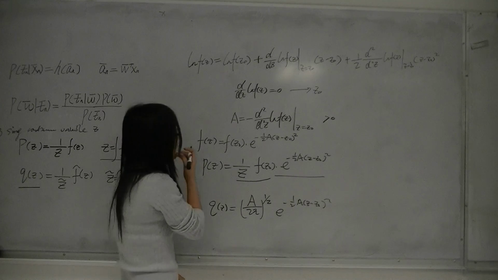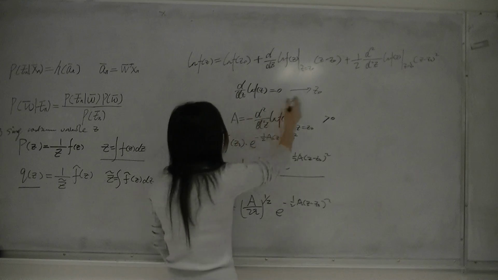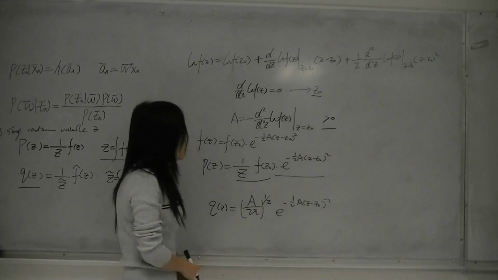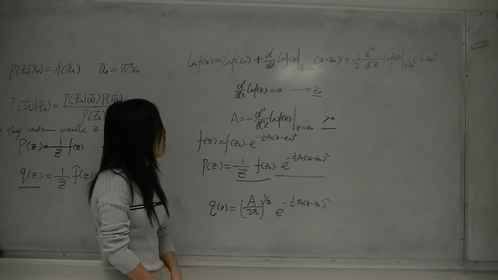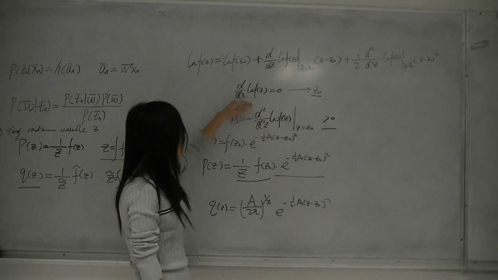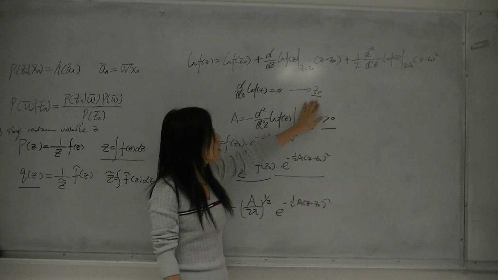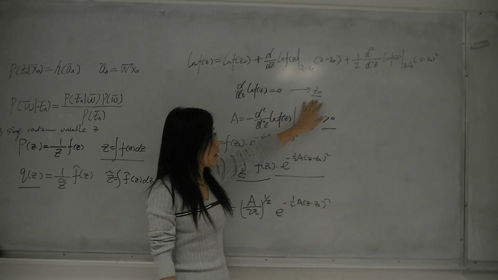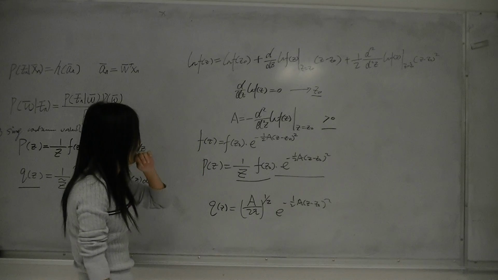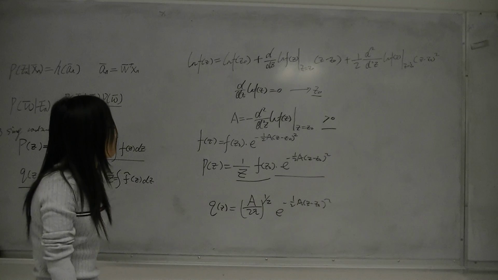This is why we choose this point z_0: to make sure that A is a positive number, because when the first order derivative of ln f(z) equals 0, the point z_0 is a local maximum. So it satisfies that the capital A is a positive number.